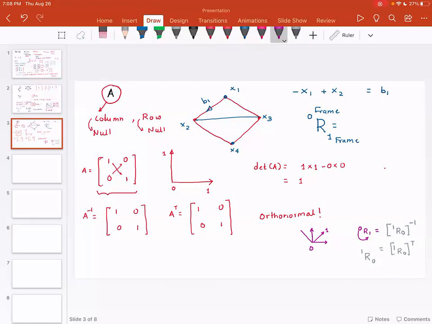And since the rotation matrix is orthonormal, you can get away with just the transpose. Yeah, Joshua, unfortunately, these are concepts I just discussed in my previous robotics class. So don't worry, we are not going to use that in this class, but I just wanted to make that connection.